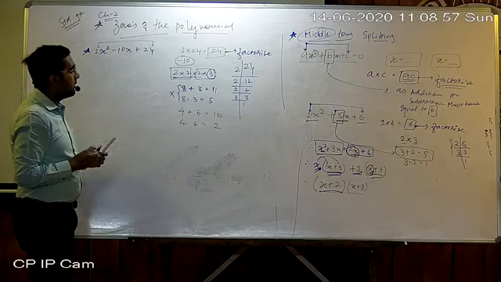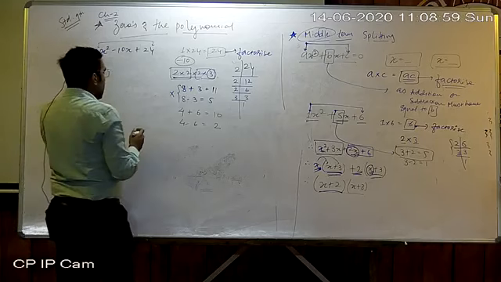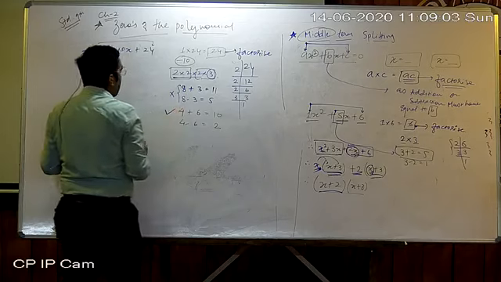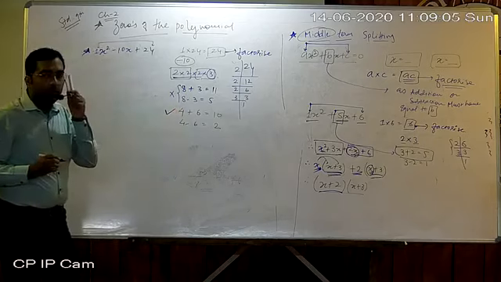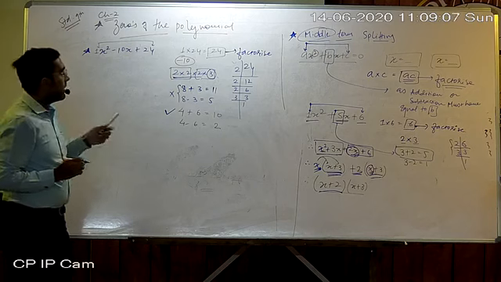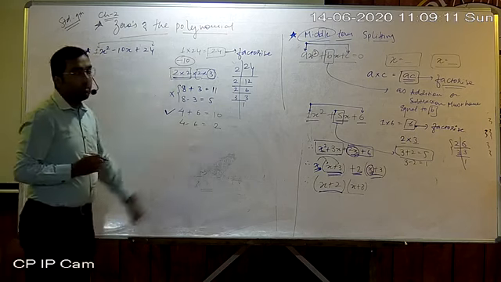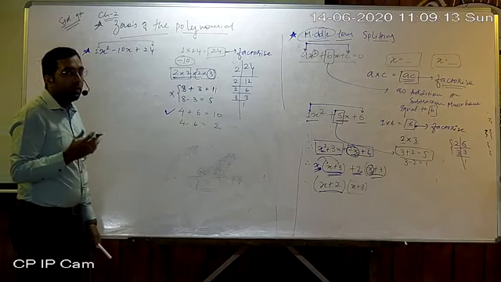Can you find 10 as a combination? Yes, I'll find 10 as a combination in 4 and 6. But here my 10 is a negative number and here my 10 is a positive number. Then what can we do?